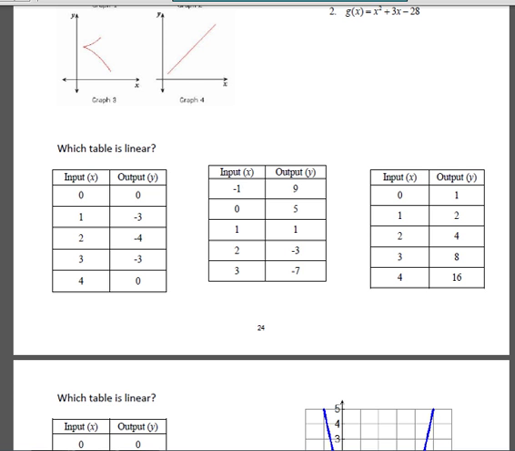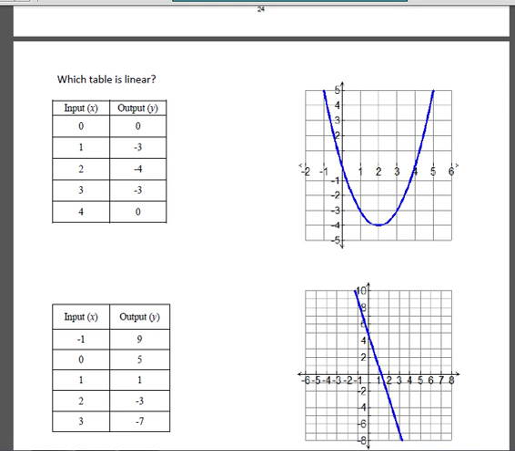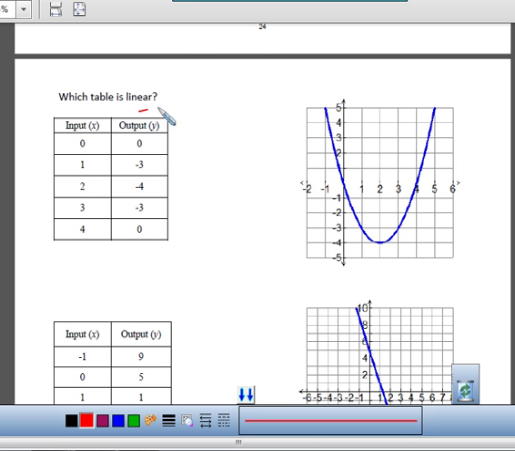Alright, so let's go ahead and look over on the next page, and you'll see the tables and the graphs that go with them. So this table here goes with this graph. Now, if we look at the input values first, the input values just increase by 1 each time. That seems like a steady rate of change, which is what you're looking for with a line, a constant rate of change.